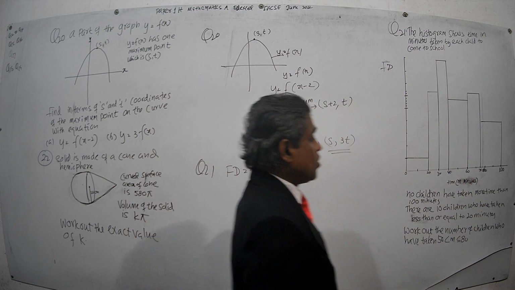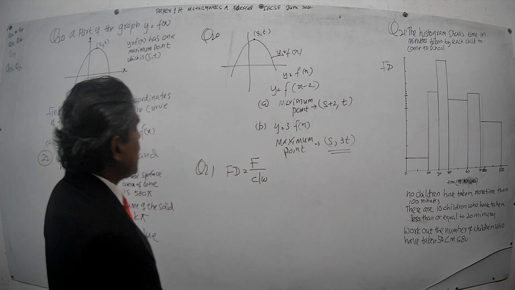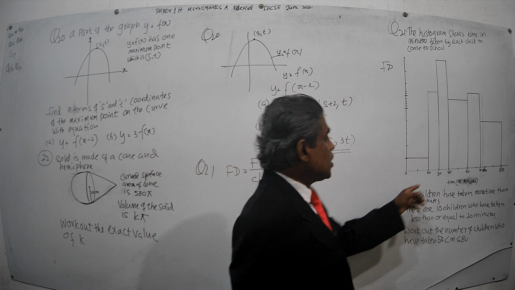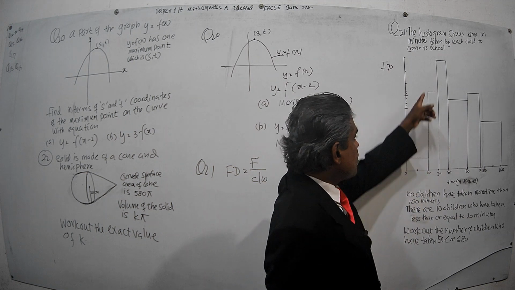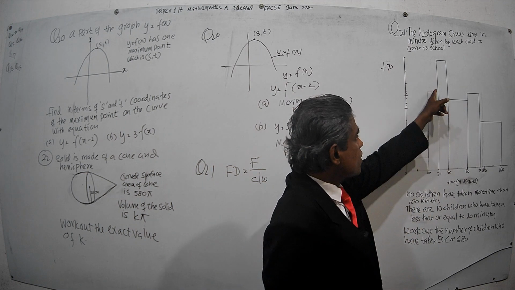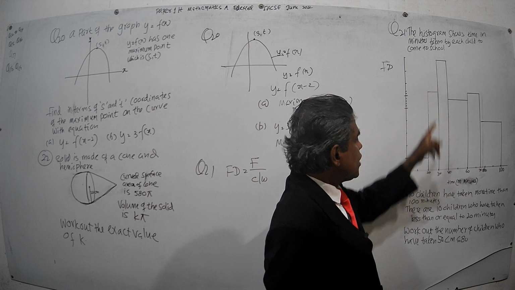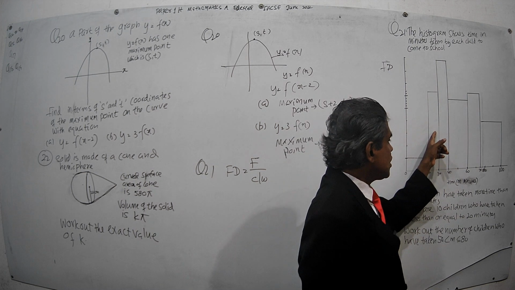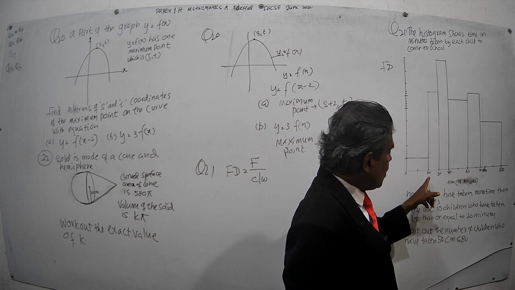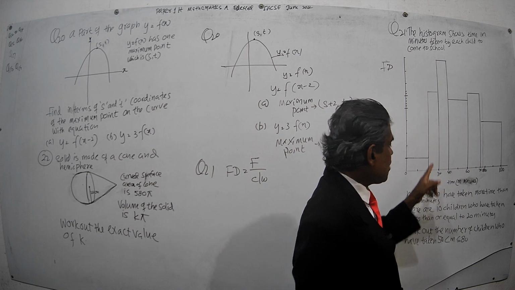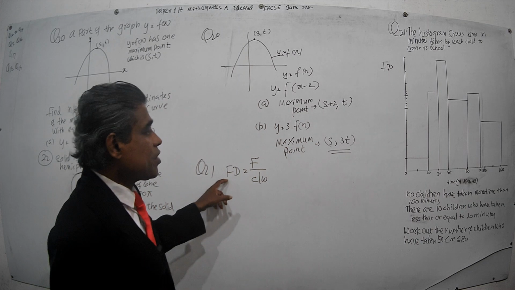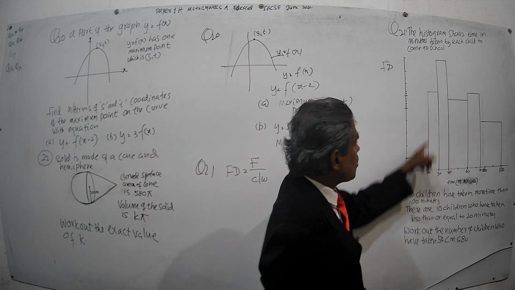If you want to find the frequency density of this column, you take the frequency relating to this column and the class width, and frequency divided by that class width gives you the frequency density of this one. The frequency density of this one is this height.